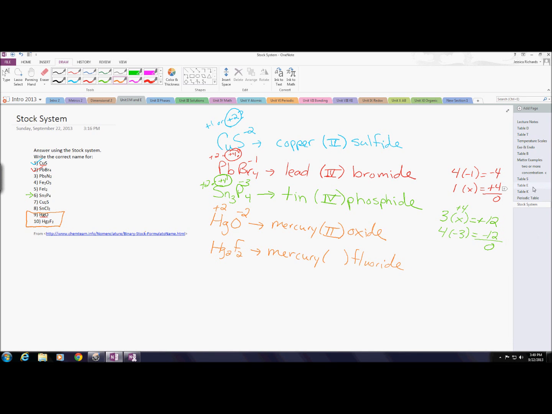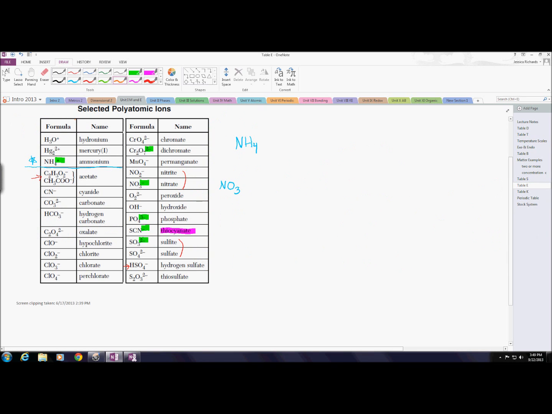But take a look at reference table E. Every once in a while this shows up where Hg2 has a total charge of +2 and is considered a polyatomic ion, and they're going to call it mercury(I). Each of these mercuries has a charge of +1, but it's coming in a set of 2, like it's diatomic. So the total charge on that is +2.